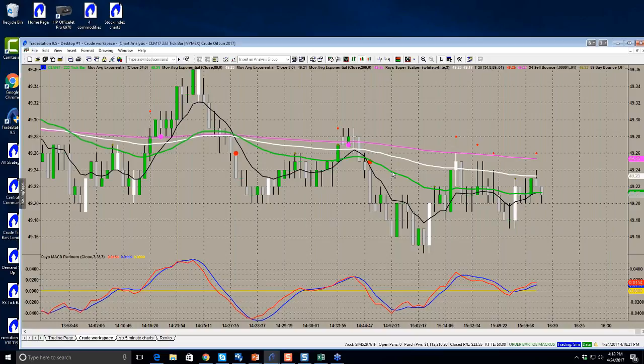The yellow is a 34 exponential moving average. Then an 89 exponential moving average, and a 200 moving average. So generally we use 4 separate moving averages. Now they are all exponential moving averages.